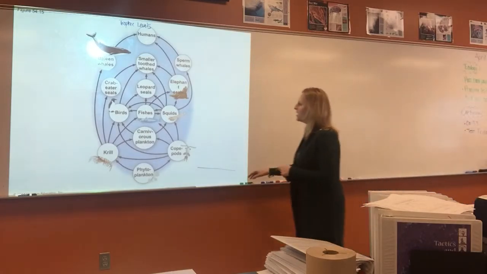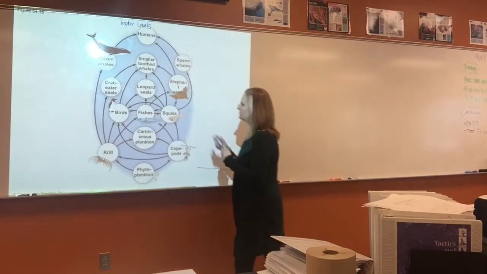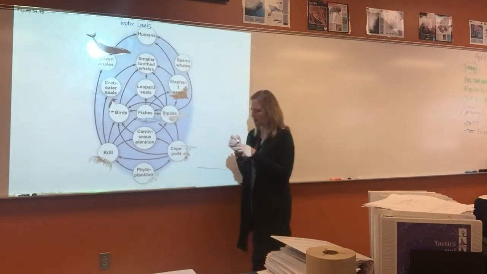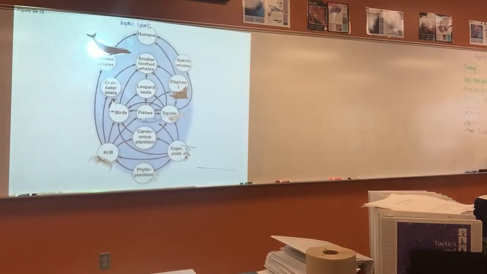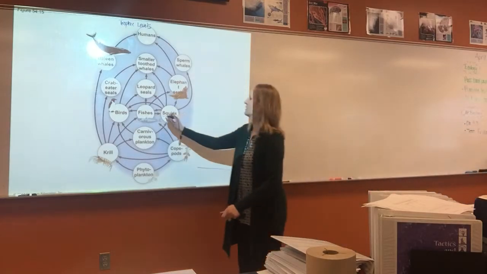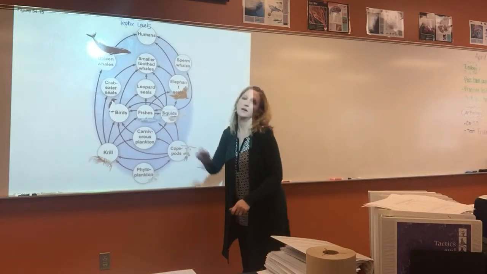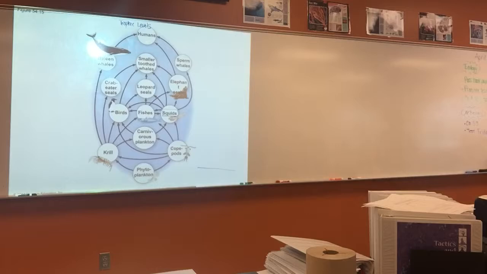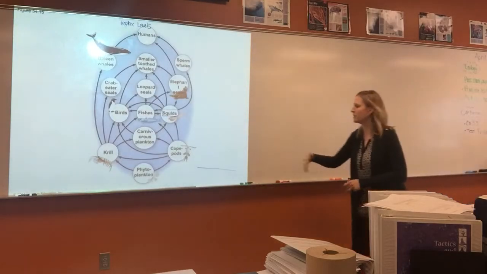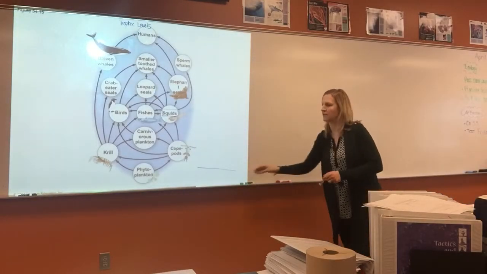So let's look at the squid here. So here's a squid. Can somebody raise their hand and tell me a trophic level that the squid is at? Right here. Here's the squid. All right. Somebody want to raise their hand? Nathan? All right, and what's the chain that you're looking at to get secondary?